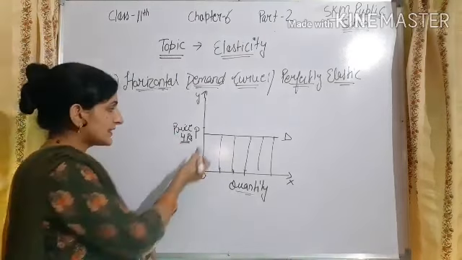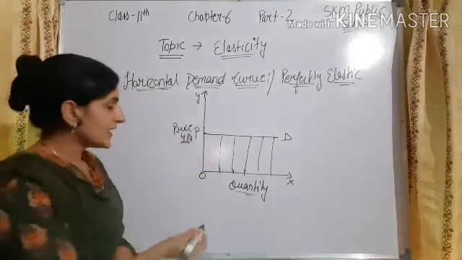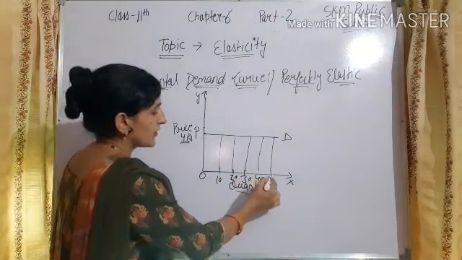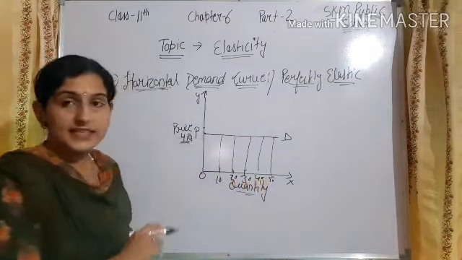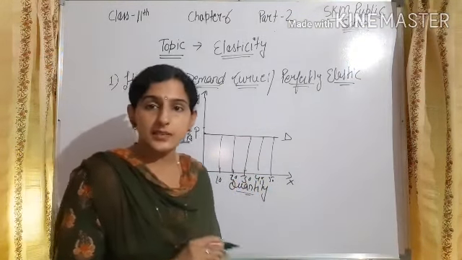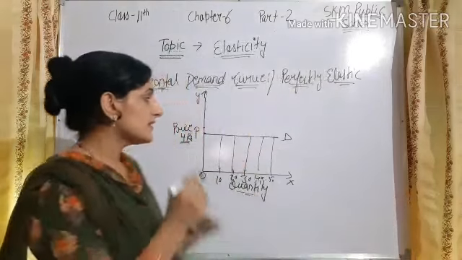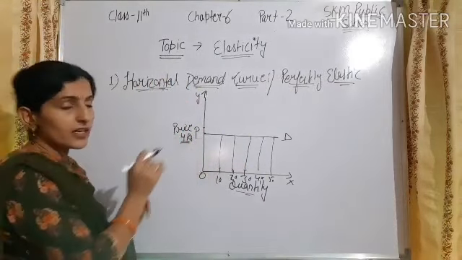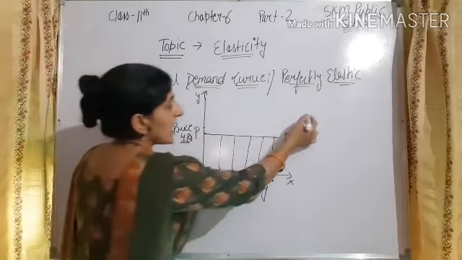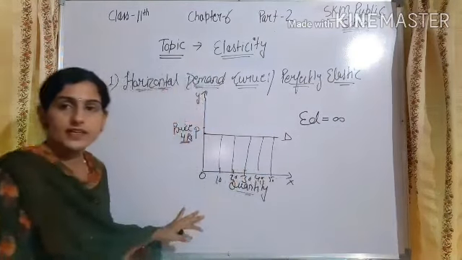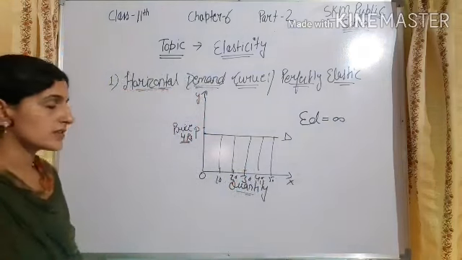At this price the quantity demanded is 10, 20, 30, 40, 50, but with a slight increase in price, demand falls to 0. When the demand curve is horizontal, the elasticity of demand is equal to infinity.